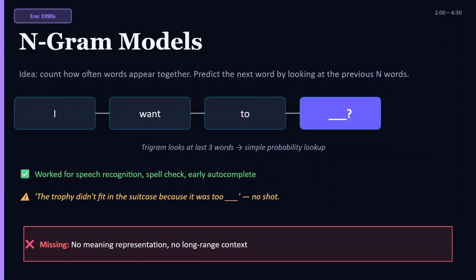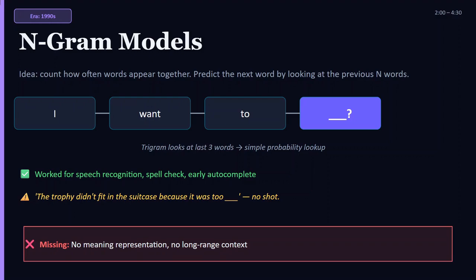It looks at how often different words follow want in your training data. Similarly a trigram, I want to dash, looks at three word combinations and you can expand it. This actually works surprisingly well for tasks like speech recognition, spell correction, and even early autocomplete.